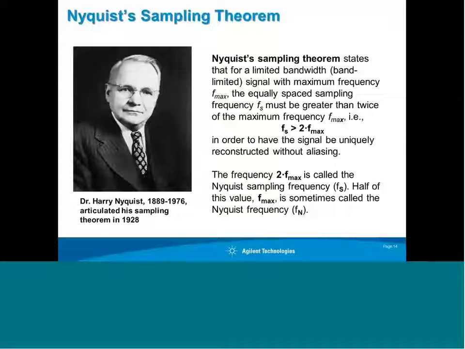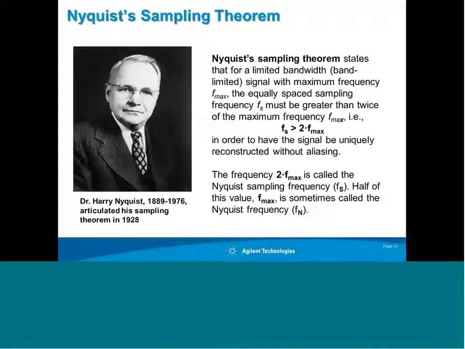So Fs must be greater than 2 times Fmax. This is where Professor Smart came up with 2 times the scope's bandwidth, in order for the signal to be uniquely reconstructed without aliasing. Now the frequency 2 times Fmax today is called the Nyquist sampling frequency.